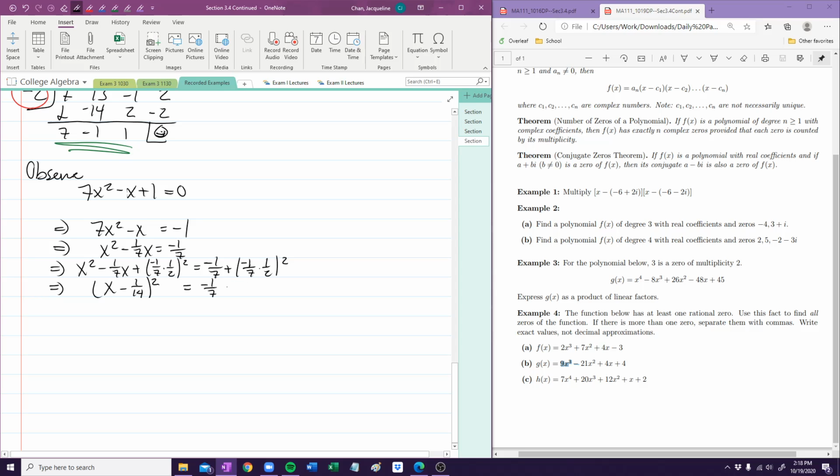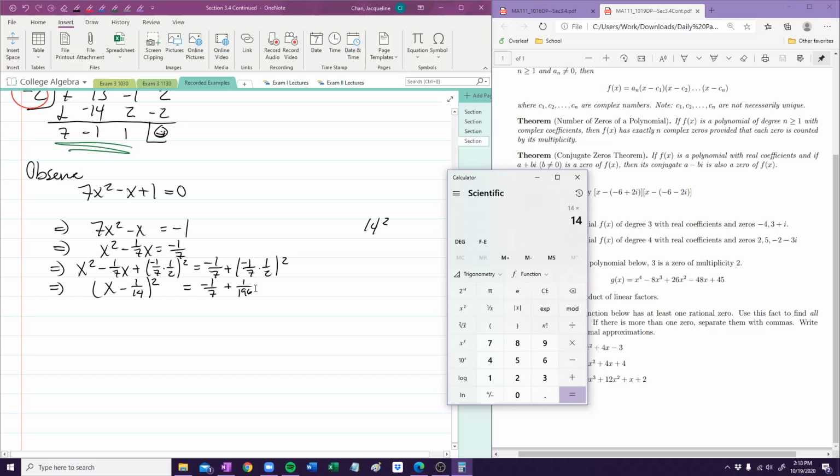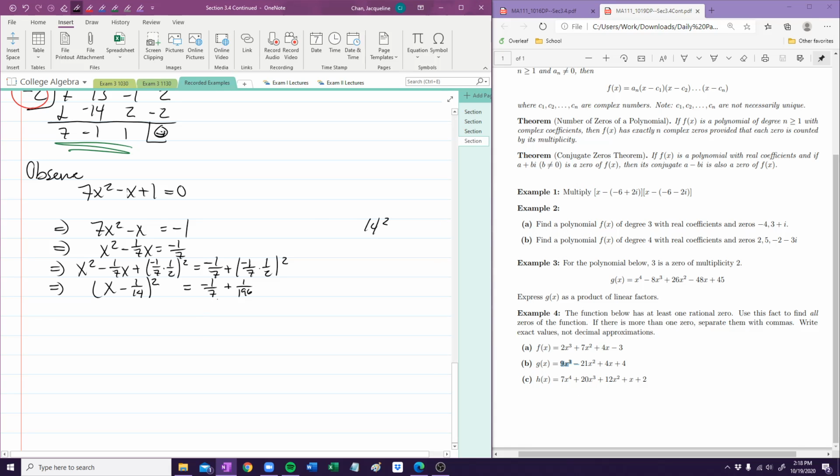But negative 1/14 quantity squared is plus 1 over 14 squared, which I think is 196. Let me check real fast. Yeah, 196. Okay, and then gotta keep going.